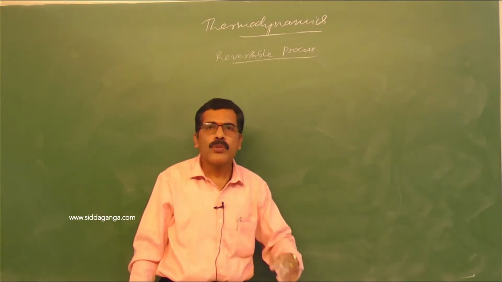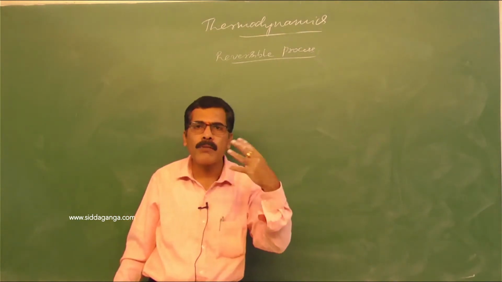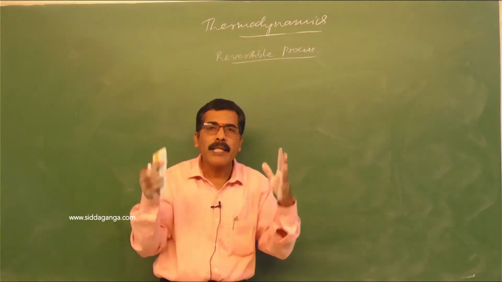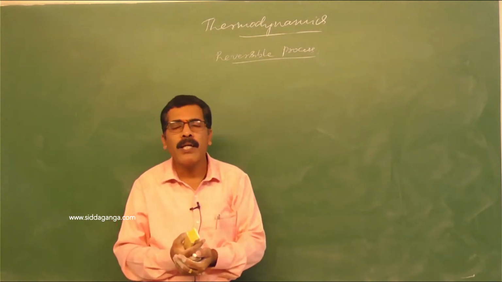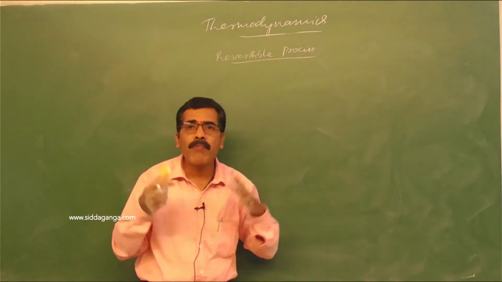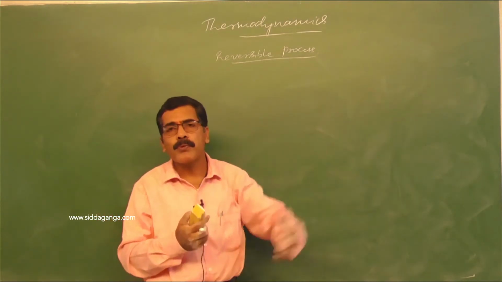Therefore, slow isothermal expansion or slow isothermal compression of a gas enclosed in a cylinder fitted with a smooth frictionless piston, with perfectly conducting walls and a perfectly conducting base, is an example of a reversible process.